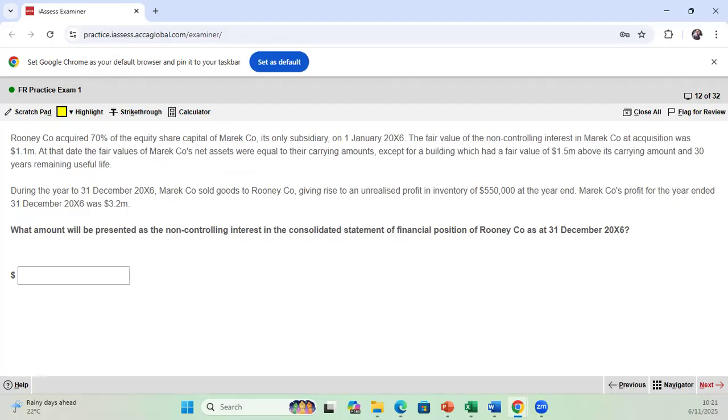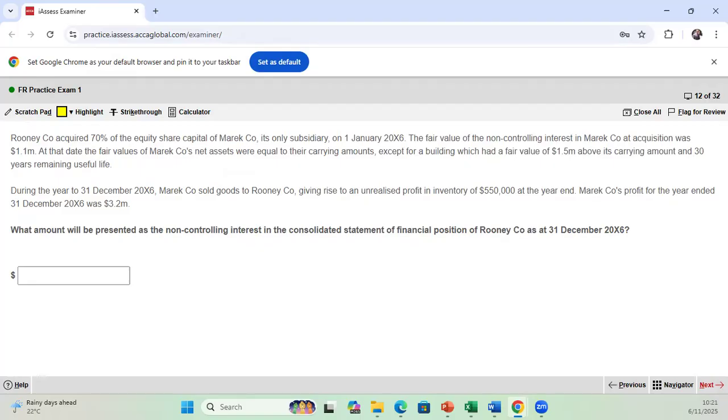So Rooney acquired 70% of the equity shares, share capital of Marek, its subsidiary, on 1 January 2006. The fair value of NCI was 1.1 million. At that date, the fair value of net assets were equal to the carrying amount, except for a building which had a fair value of 1.5 above its carrying amount, and 30 years remaining useful life.